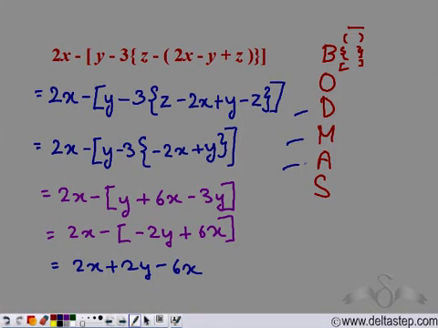So 2x and 6x, we need to combine the like terms. We get 2x minus 6x, minus 4x plus 2y. So this is the answer, and this is how we simplify expressions. We see that an expression which was huge has become concise, containing just two terms, if we follow the set of rules and simplify it.